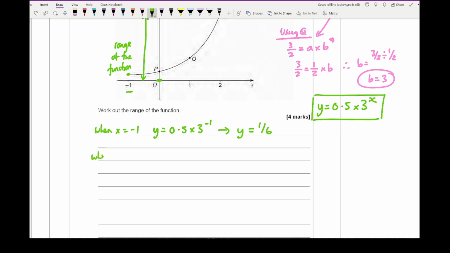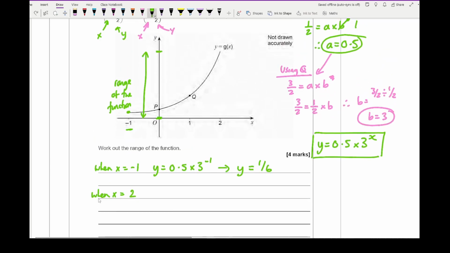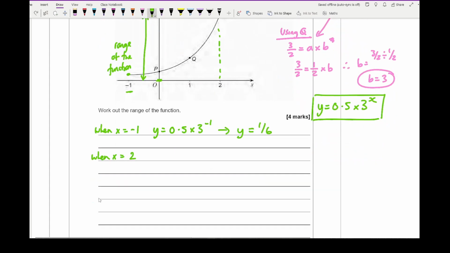Now when x equals 2, which is the biggest value that I could choose, this value of 2 is going to give me the top of the range. Substituting that into the equation of the line, I get y equals 0.5 multiplied by 3 squared.